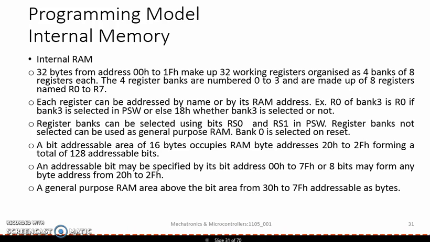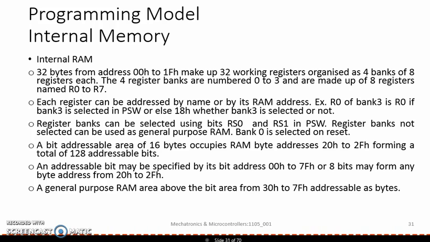Register banks can be selected using the bits RS0 and RS1 in the program status word register. If the banks are not selected, then they can be used as general purpose RAM, and bank 0 is always selected on reset. A bit addressable area of 16 bytes occupies RAM byte addresses 20H to 2FH, forming a total of 128 addressable bits.